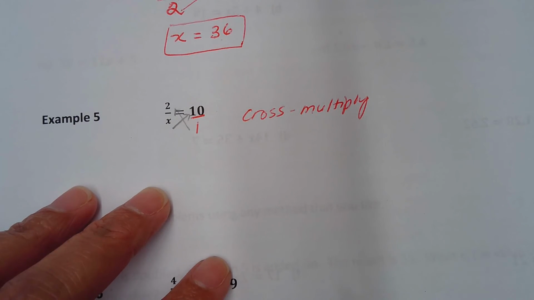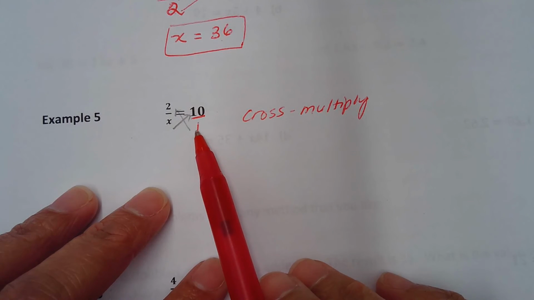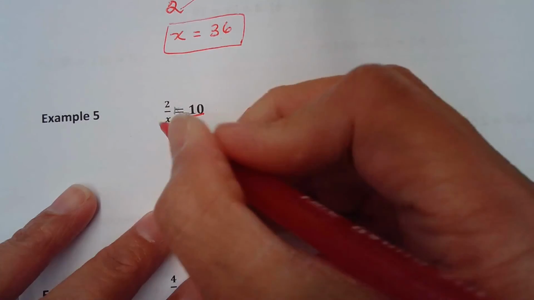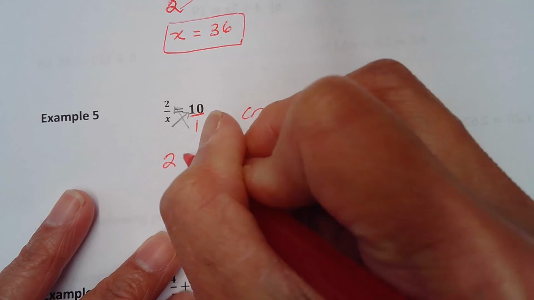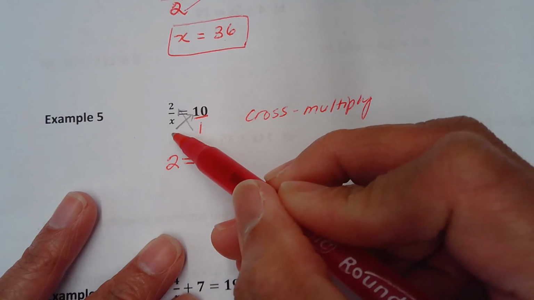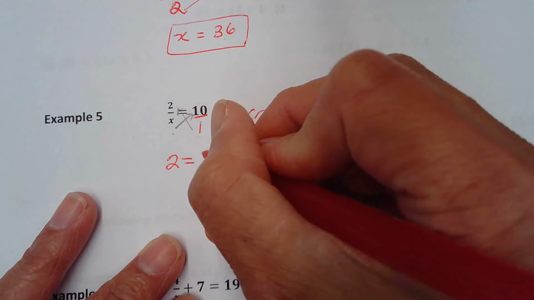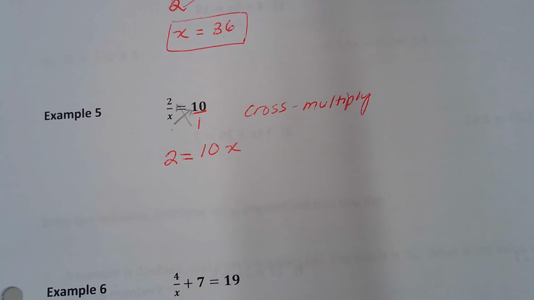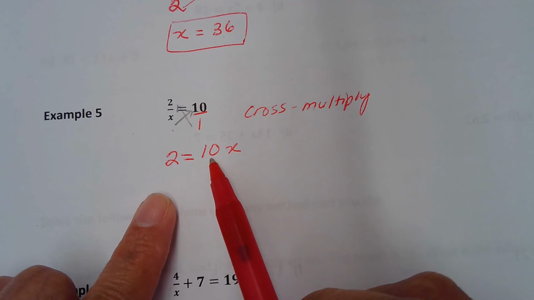When we cross multiply, the denominator 1 crosses to multiply with the opposite numerator, so that's going to give us 2 equals x crossed with 10, that's 10x. Have we solved for x? The main reason we had to cross multiply is to get rid of the denominator, because once we get rid of the denominator, it's a little bit easier. So now it's 2 equals 10 times x.